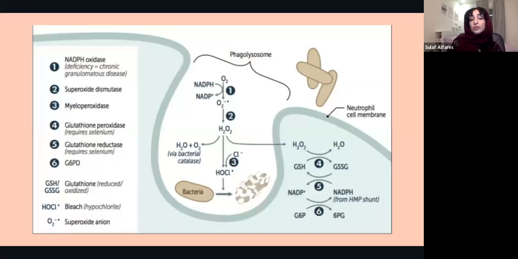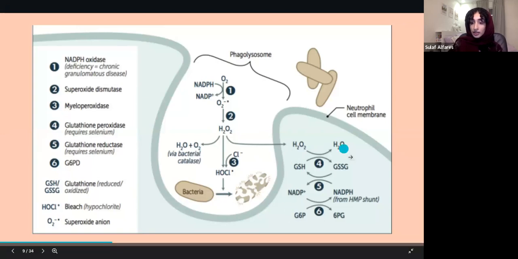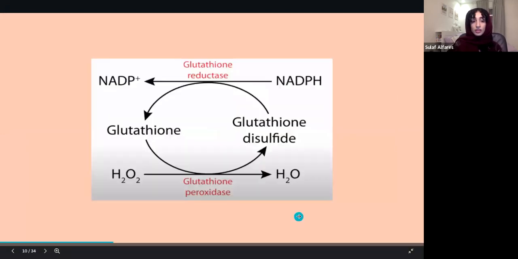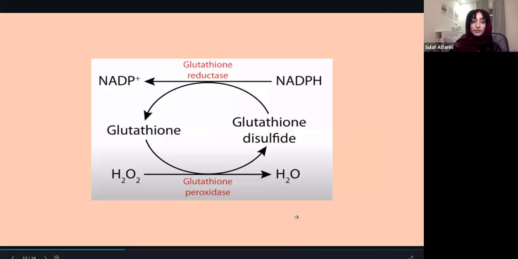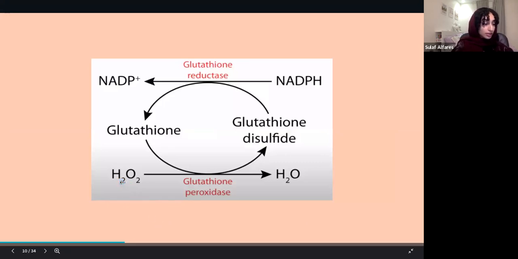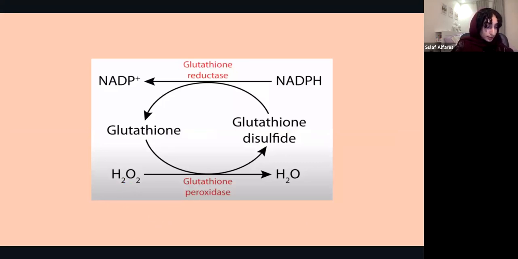So how does this work? On the left, you can see what we already talked about, which is called the respiratory burst, in which we create reactive oxygen species to kill bacteria. On the right here, we have the function of glutathione. I'm going to show you just this other graph. Okay, when we have this molecule, we want to neutralize it, okay?